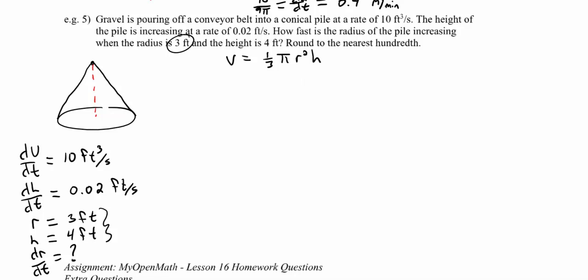So I've got three things to do now. Let's start taking the derivative of this. The derivative of the volume would be dV/dt. Then I'm going to pull the 1/3 pi out, and do the next part in brackets so I can see it more clearly. I have to do the product rule with this, where r squared is my f and h is my g.